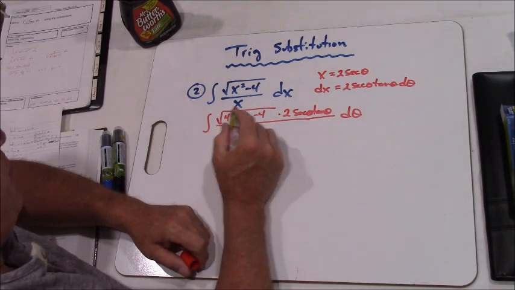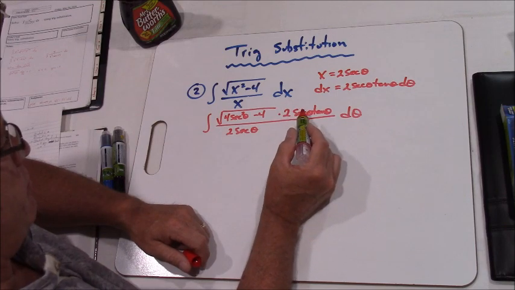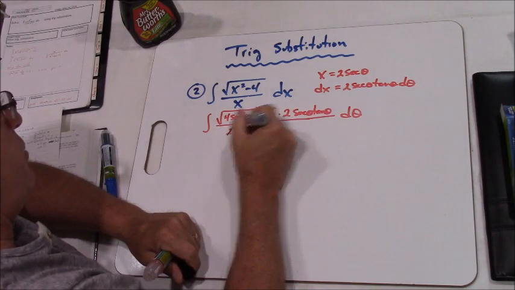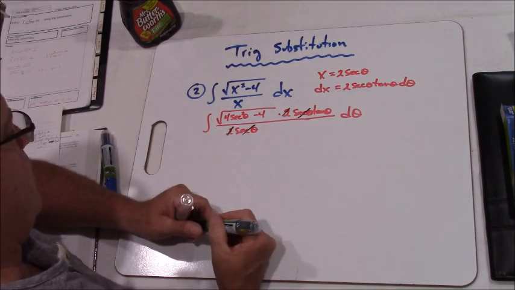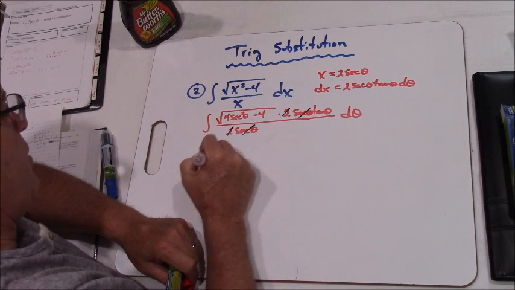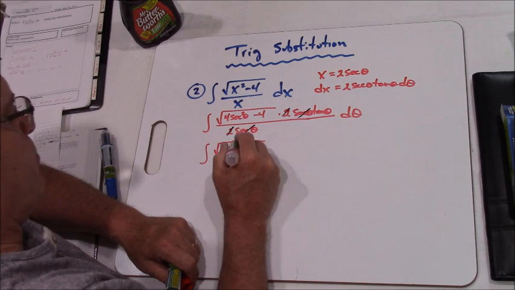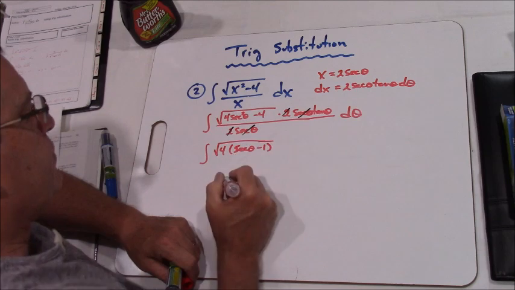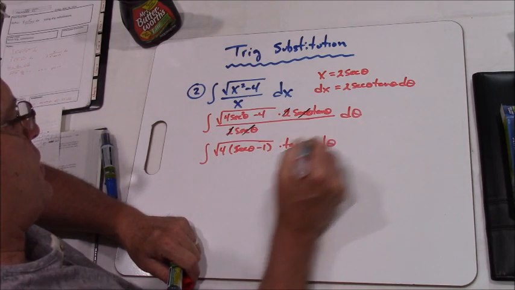Usually what happens is these integrals get messy but then clean up nicely. We can see right away that I'm going to be able to cancel these 2's, cancel the secants of theta. If I factor out a 4, I get the integral of the square root of 4 times secant theta minus 1 times a tangent theta d theta.